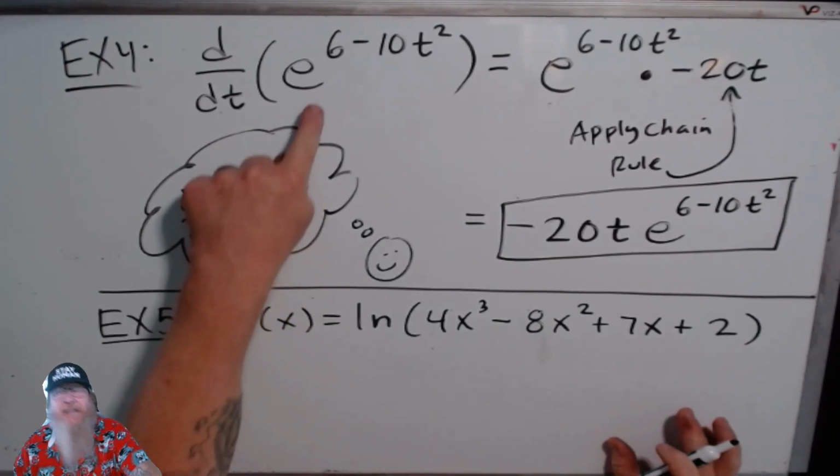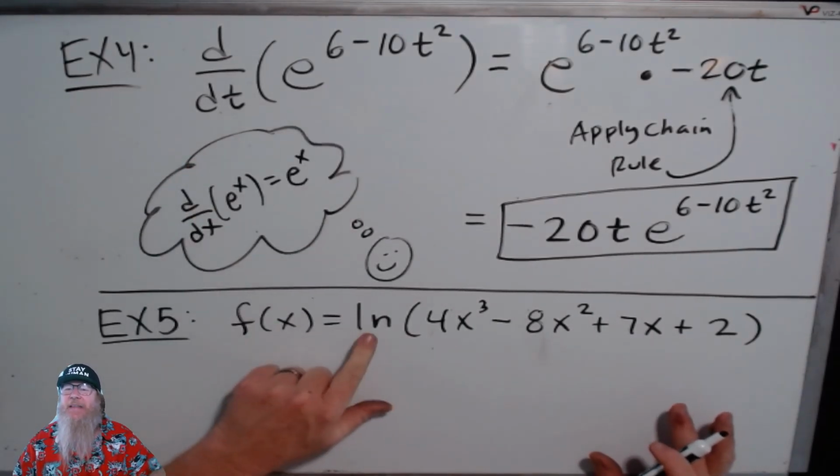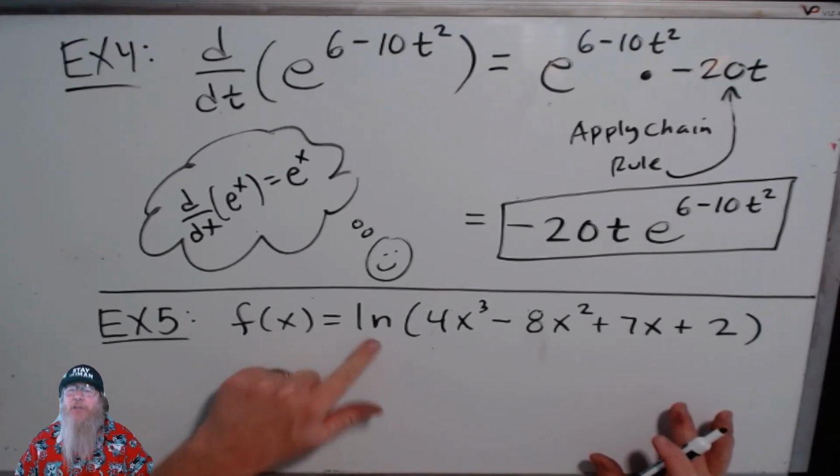So the natural exponential is base e, and the natural log is the log base e.